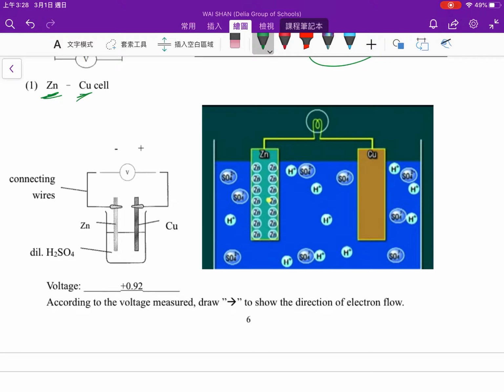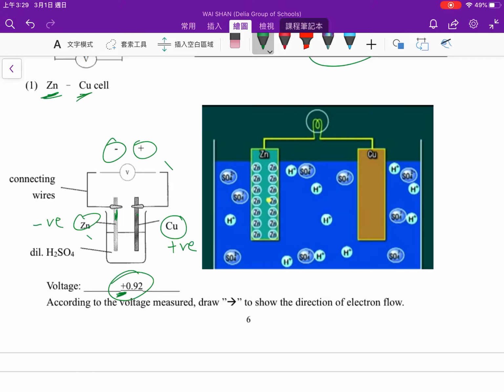Here we connect the zinc to the negative terminal and copper to the positive terminal, and we found that the voltage is positive. When the voltage is positive, that means we connect it correctly. That means the zinc is negative electrode and the copper is positive electrode.